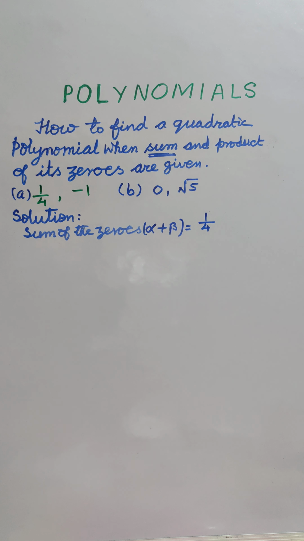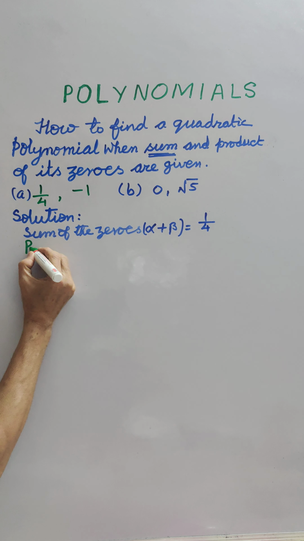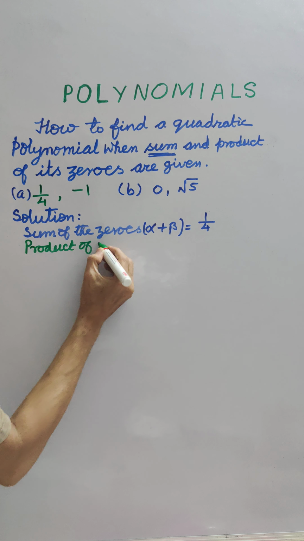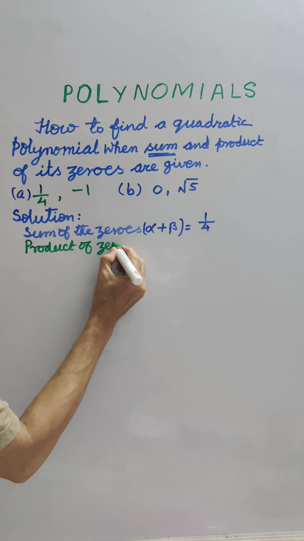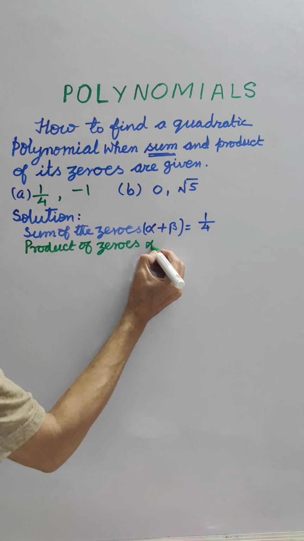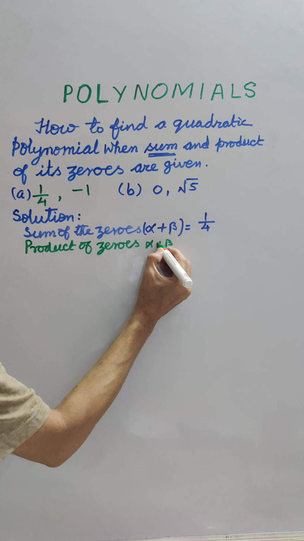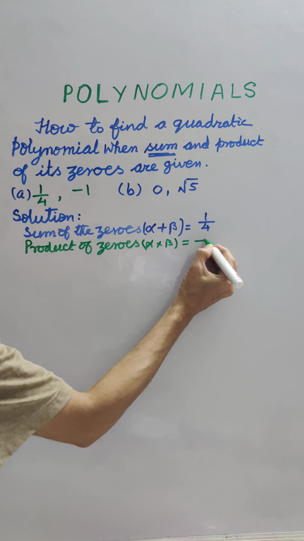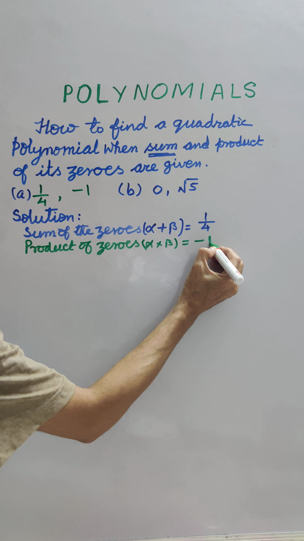And the product of zeros, alpha into beta, is given by minus 1. So it is minus 1.